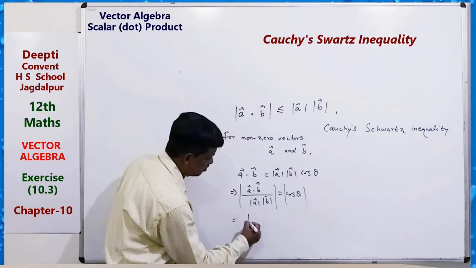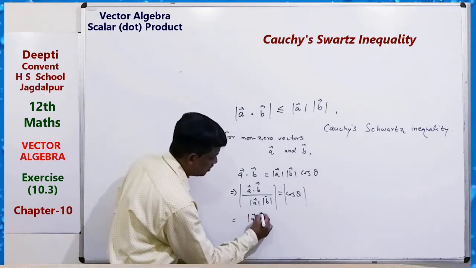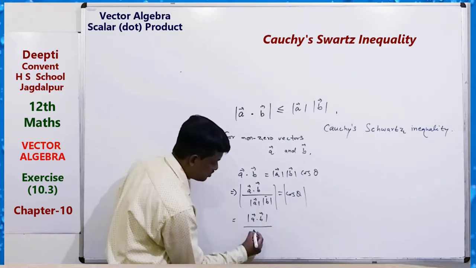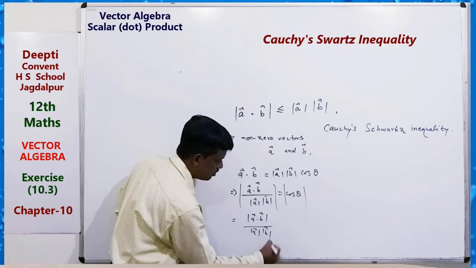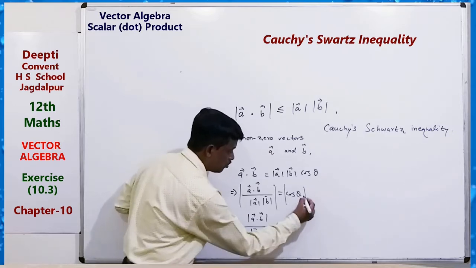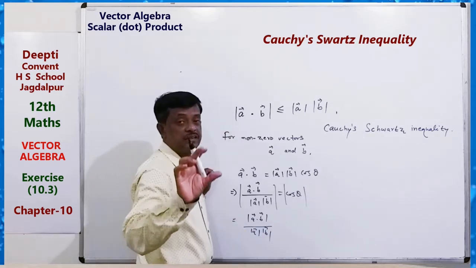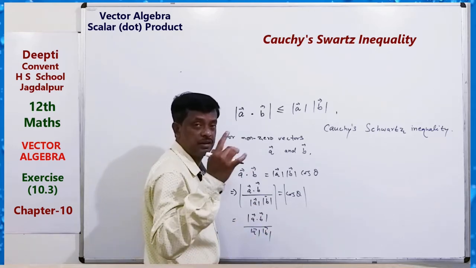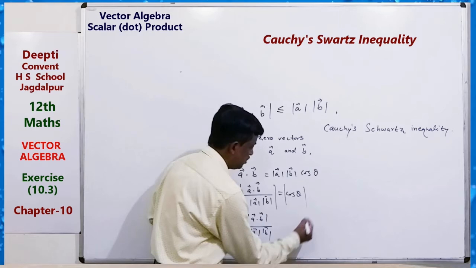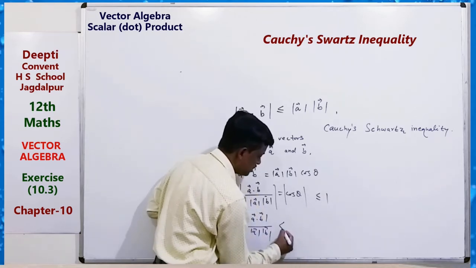Then here we see that modulus of A dot B over mod A mod B equals modulus of cos theta, which is always less than or equal to 1. So this is less than or equal to 1.